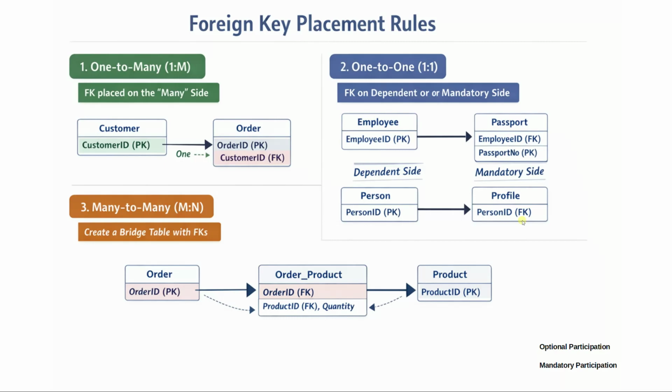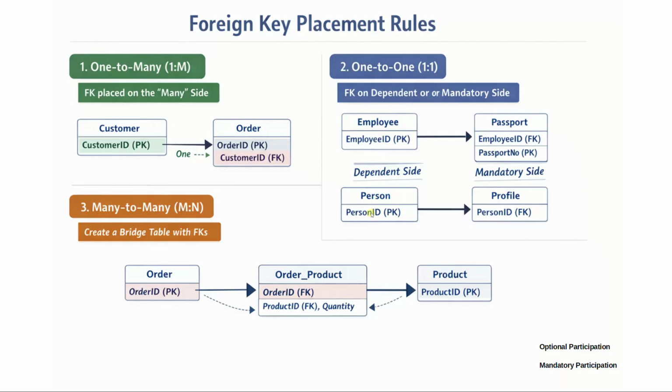You can watch that. Here, I will quickly explain that, for example, an employee has a passport, but the passport depends on the employee. If the employee is there, then there may be a passport. And a person has a profile, so the profile and passport depend on the existence of the employee and the person.